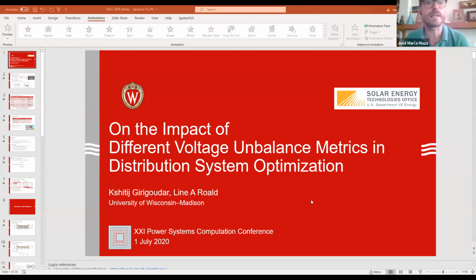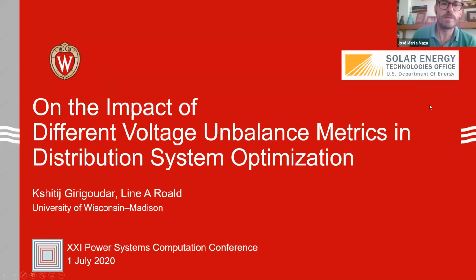Okay, so it is time for the last but not least paper of this session, entitled "On the Impact of Different Voltage Unbalance Metrics in Distribution System Optimization," which is going to be presented by Kshitij Girigoudar, who received his bachelor degree in electrical and electronics engineering in India and master of science degree in electrical power engineering from Aachen, Germany.